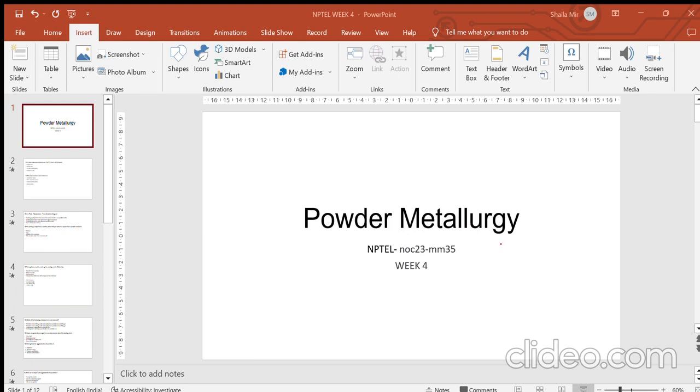Then we have the next question, which says the driving force for agglomeration of particles is agitation, surface energy, process parameters, surface contamination. How will the particles agglomerate? Agitation, surface energy, process parameters, or surface contamination.